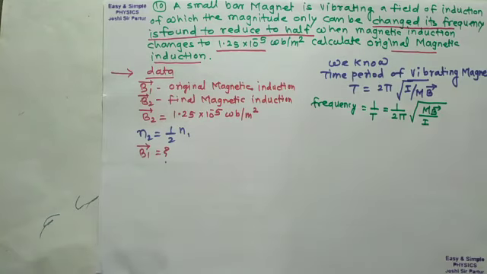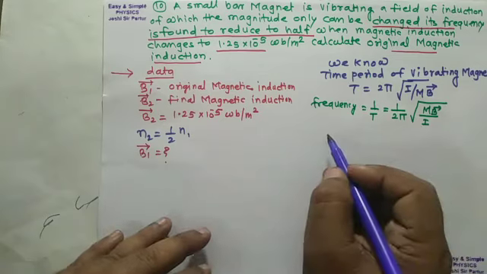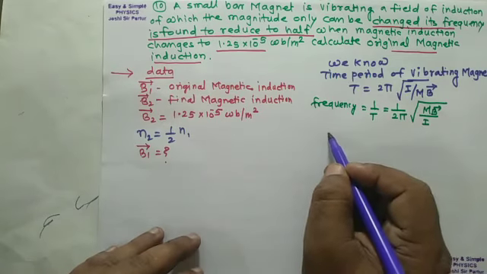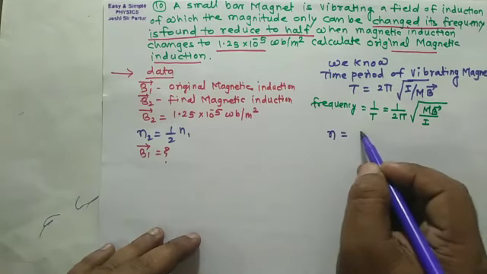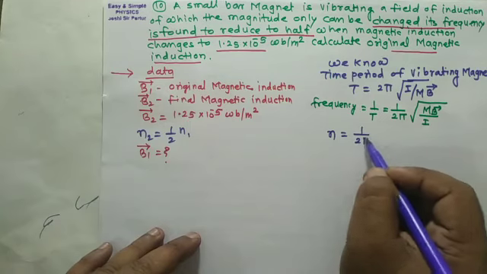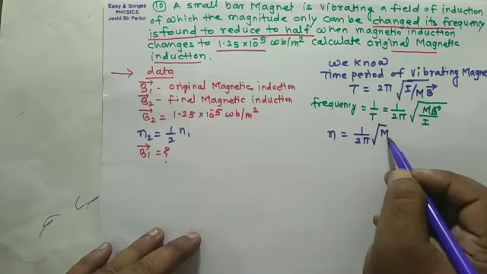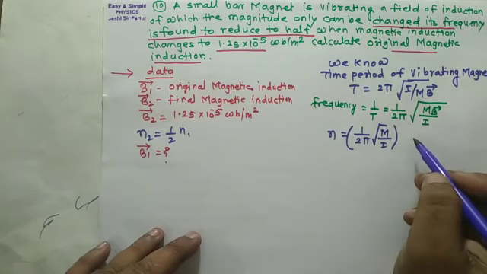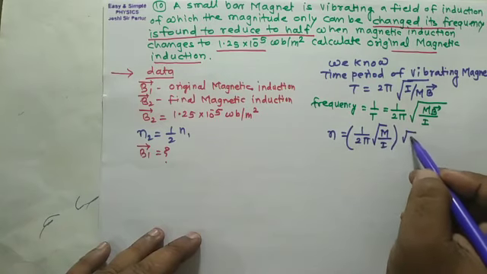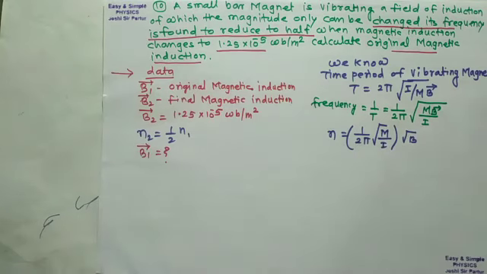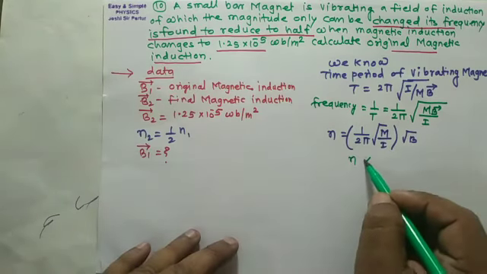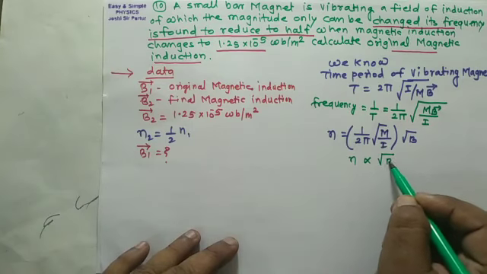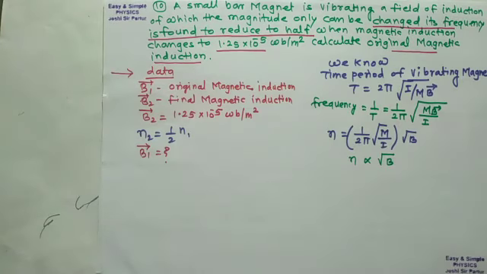So N is equal to 1 upon 2 pi square root of m upon I, bracket, square root of vector B. If the bracket term is constant, we can say that frequency is directly proportional to square root of magnetic induction.